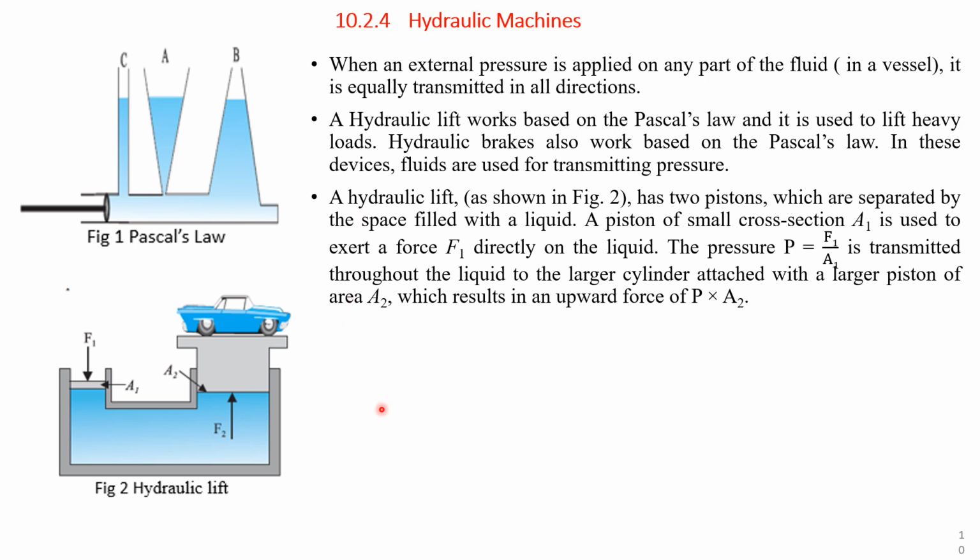A hydraulic lift, shown in figure 2, has two pistons separated by a space filled with a liquid. The two pistons are A1 and A2.